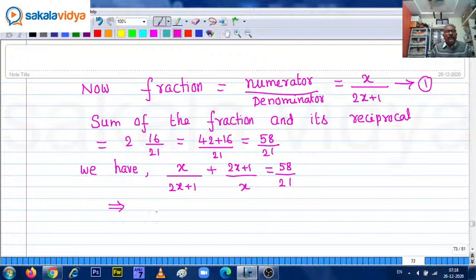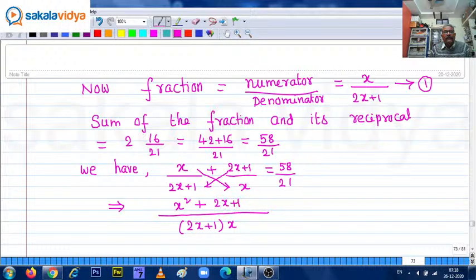Now what do you get here? LCM is 2x plus 1 times x. 2x plus 1 cancels. x into x, x square, plus x cancels. 2x plus 1 into 2x plus 1, 2x plus 1 whole square, equal to 58 upon 21.